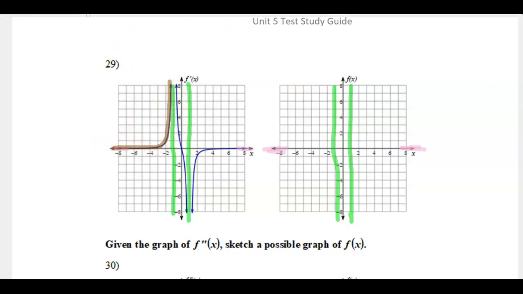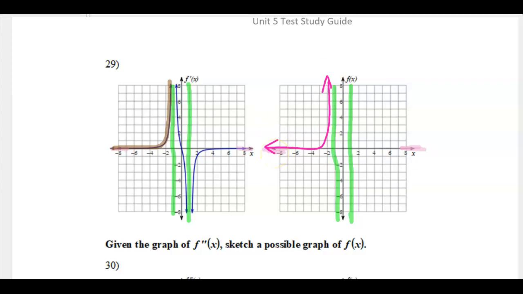Now, there's only two ways to draw this graph here. I could draw it like this, or I could draw it like this to stay true to these asymptotes. Which piece is increasing? Is this one increasing, or is this one? Well, it's the first one I drew. So I know that the left portion of my graph is going to look like this.